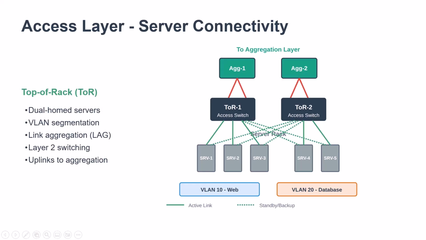The access layer provides server connectivity, connecting physical or virtual servers, basic services like VLANs for network segmentation, and low latency, since servers connect directly here. Think of this as the entry point for all your compute resources. For redundancy, servers typically connect to two access switches using techniques like NIC teaming or LACP link aggregation.